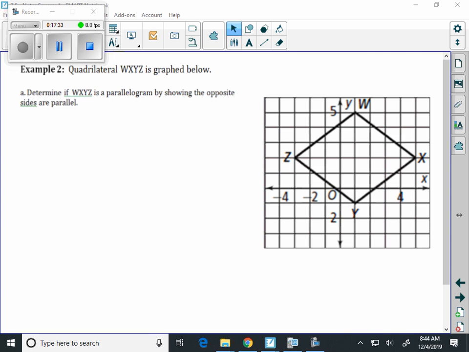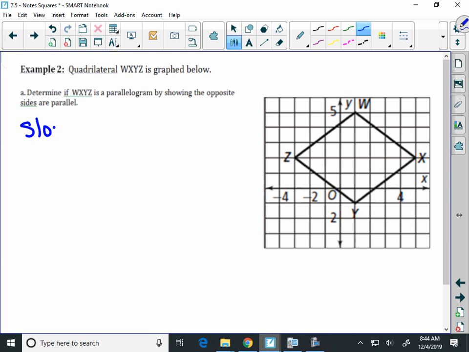So let's start with ZW, and we're going to do the slope of ZW. Rise over run. 1, 2, 3. We rise, and we're going right 1, 2, 3, 4. Its opposite side is going to be over here at XY.